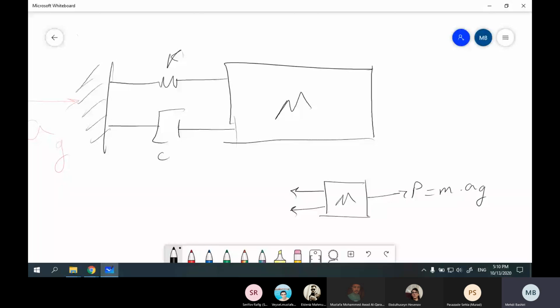Because you should keep the structure, for example, here. You should keep it here, and you should not let this mass that represents your structure shake a lot. So here we have Fk, this is Fc, or we can show them with Fs or Fd, and here you have your force.